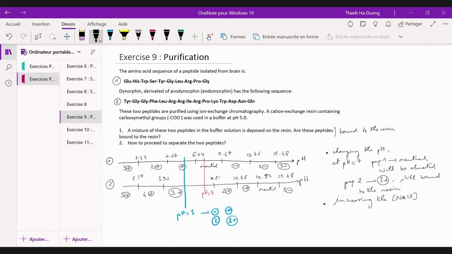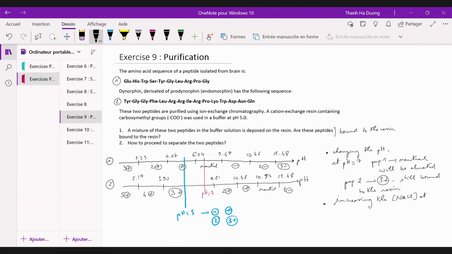If you increase the salt concentration, you will have a competition between the ionic interaction of the salt with the beads and the proteins with the beads. So in this case, which protein will be eluted first?